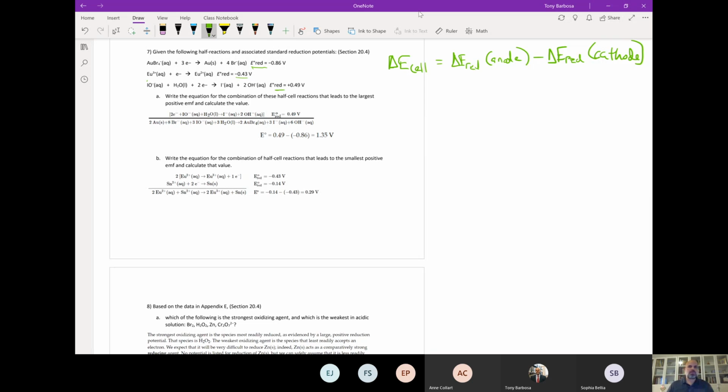So in these terms, in order to get the largest difference, you need the largest positive here and the largest negative.